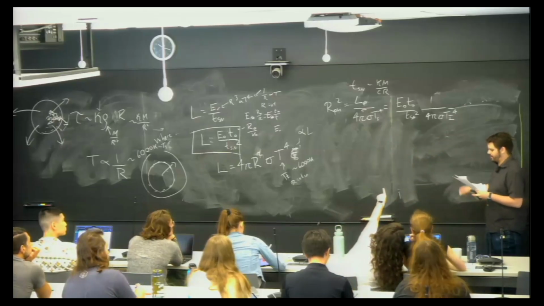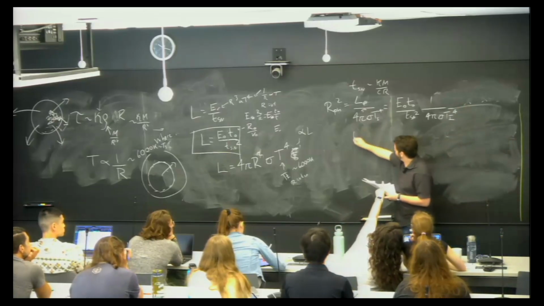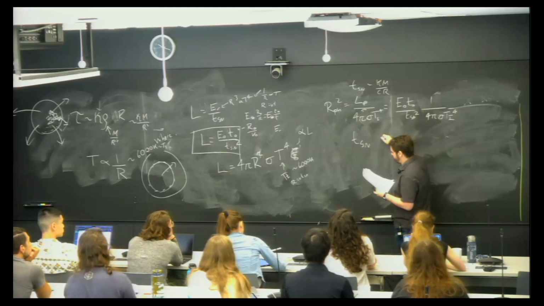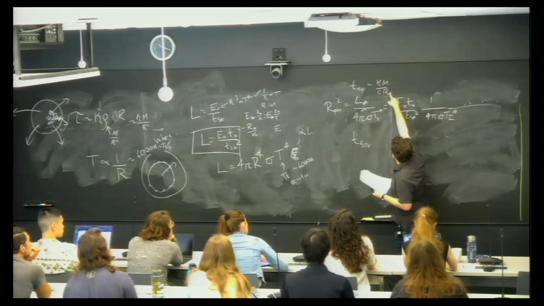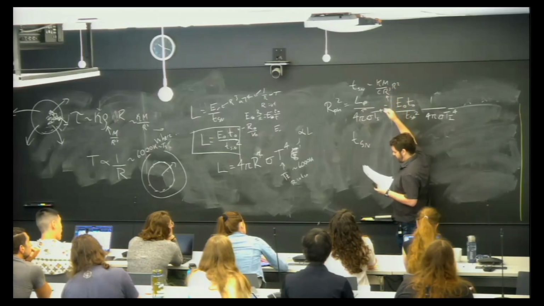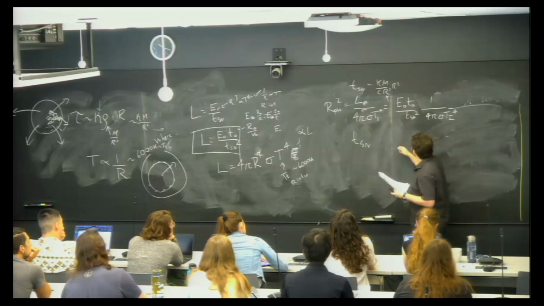You plug things back in, and my supernova time scale has this R squared. I'm going to make this M over R cubed times R squared, because then this gets me a density, which is nice.